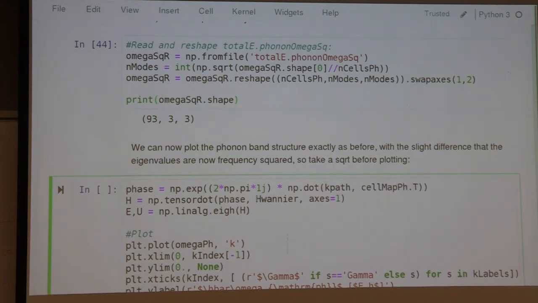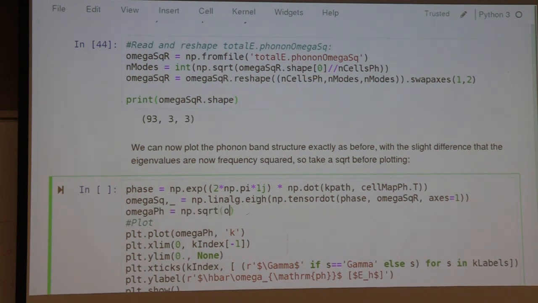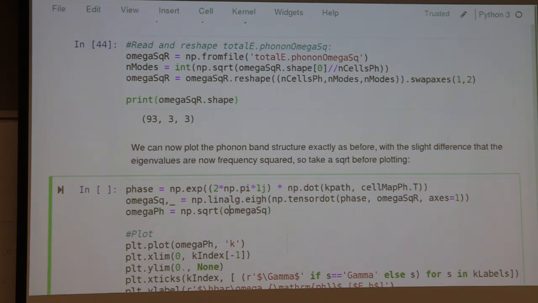I Fourier transform this instead. And I'll get omega squared when I diagonalize it. And then if I take the square root of that, I'll get my phonon frequencies. So you'll sometimes get some numerical errors that make things slightly below 0, and you'll get a bunch of warnings. So I'll just suppress that by cutting off any omega squared that go below 0 to 0.